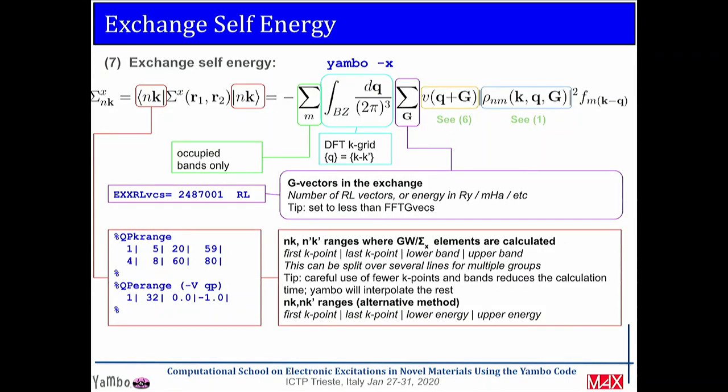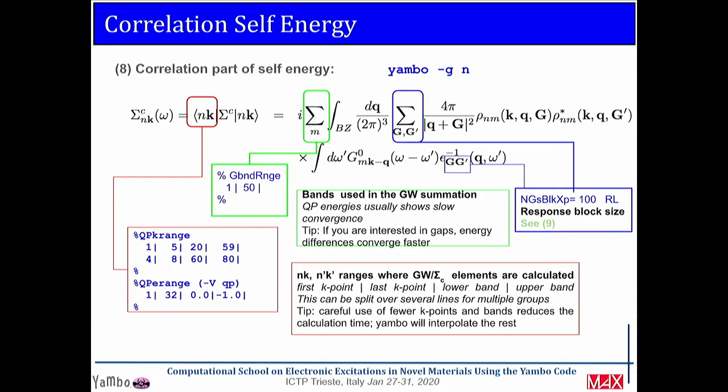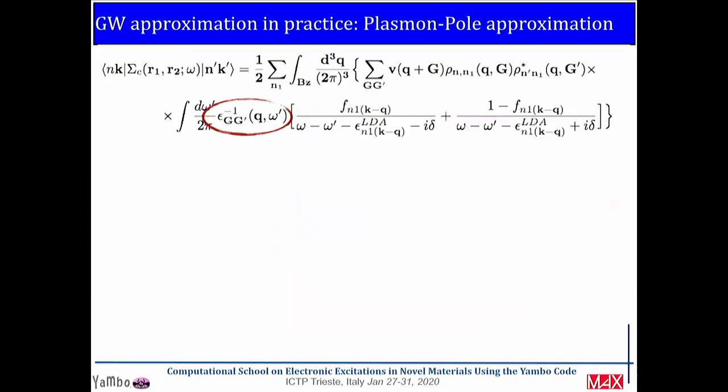This is just the slide you have in your cheat sheet, what I already said for the sigma exchange: integration of the Brillouin zone, sum over occupied bands, and here are the names of the variables that govern the convergence of these expressions. Here the same for the correlation part of the self-energy.